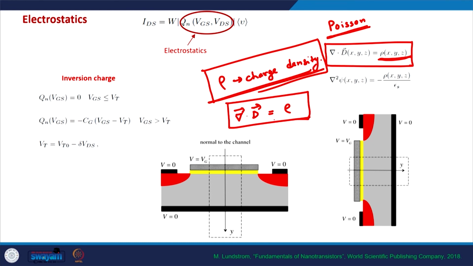The divergence of the displacement vector is equal to the distribution of the charge in the space.